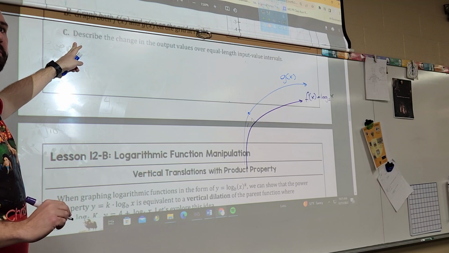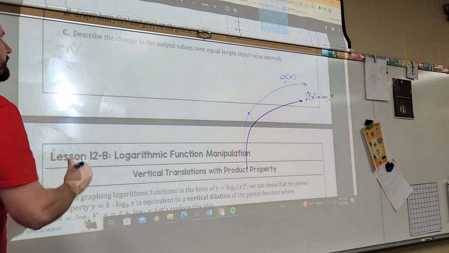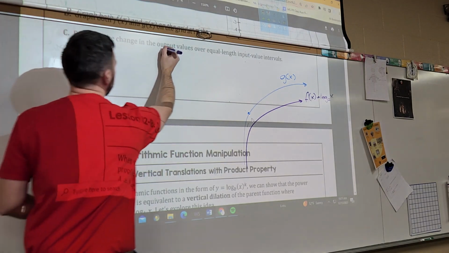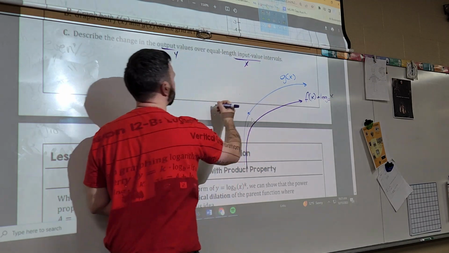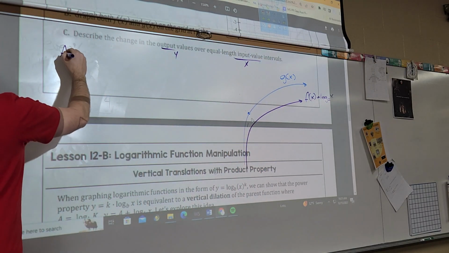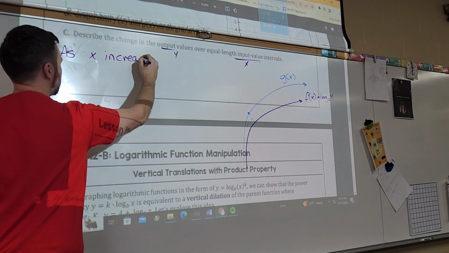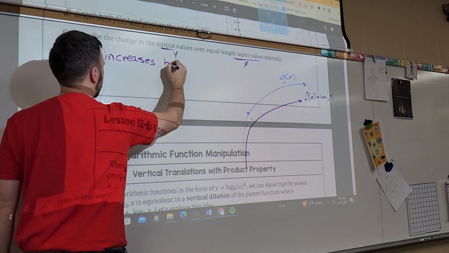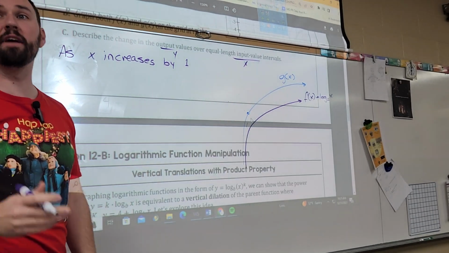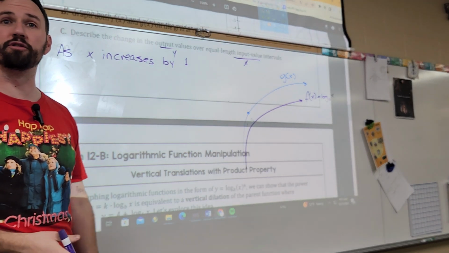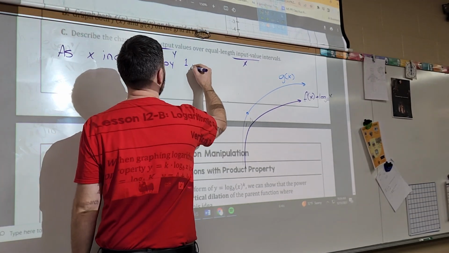How does that relate to my input? This is a weird question, I know. How does the output, my y, deal with my x? So x increases by 1, what happened to each of my y values as I go up by 1 from my original? Would they go up or down by 2?